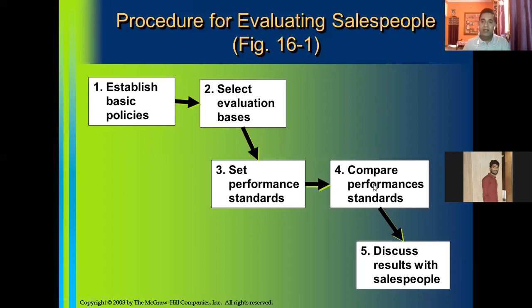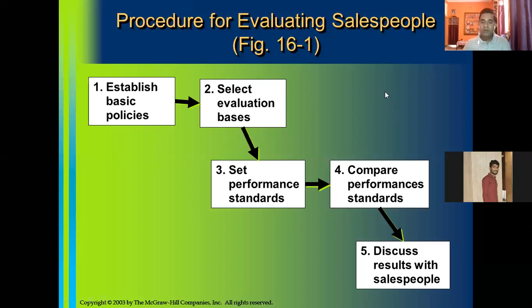So compare performance standards with the actuals. Say call rate, for example, 10 doctors per day plus 5 pharmacies per day. For a given period of 1 month, if we roughly assume 20 days in a month, that means 200 doctors and 100 pharmacies the medical detailer would have visited.